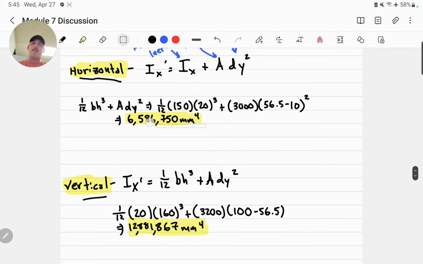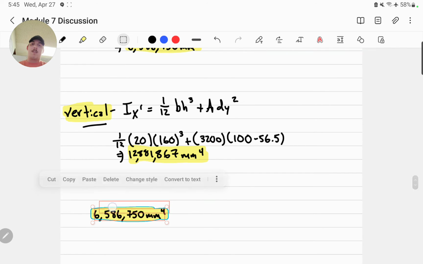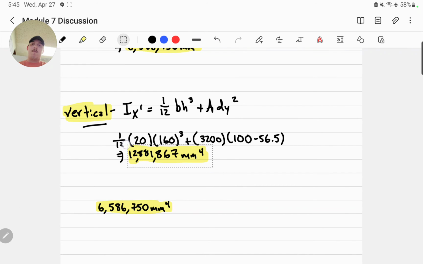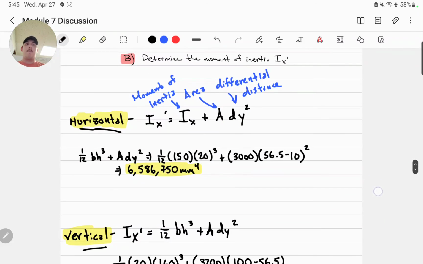Just some basic math: I take my first number and my second number and add. This gives me a total of 19.47 times 10 to the sixth millimeters to the fourth, and that's my moment of inertia for x. All right, that's Part B.